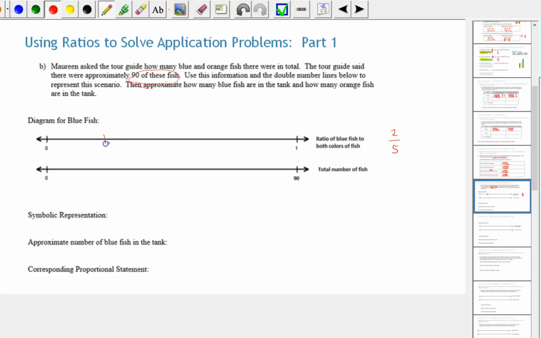So we can cut this into 5 equal pieces. This is 1/5, this is 2/5, etc. Now we want them to see that there's a correspondence between 2/5 and 2/5 of 90.